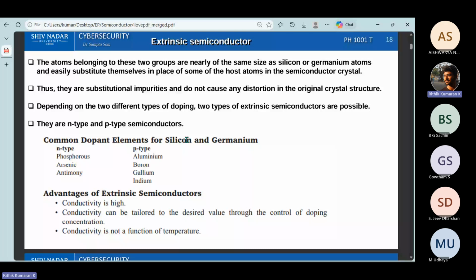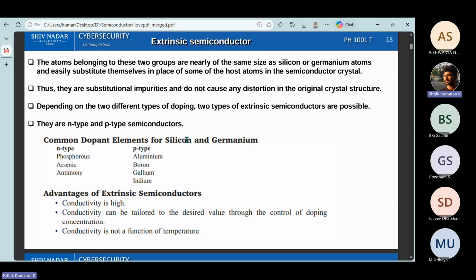If something odd comes into an even structure and doesn't fit, it would obviously collapse the whole structure. So we use elements which are very similar in structure and crystal structure to silicon or group 4 elements. That's why we choose group 3 and group 5, which are very near to group 4, the trivalent and pentavalent elements.